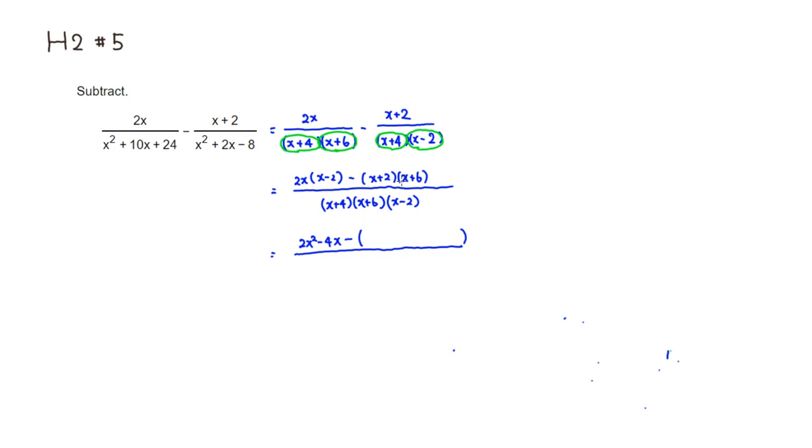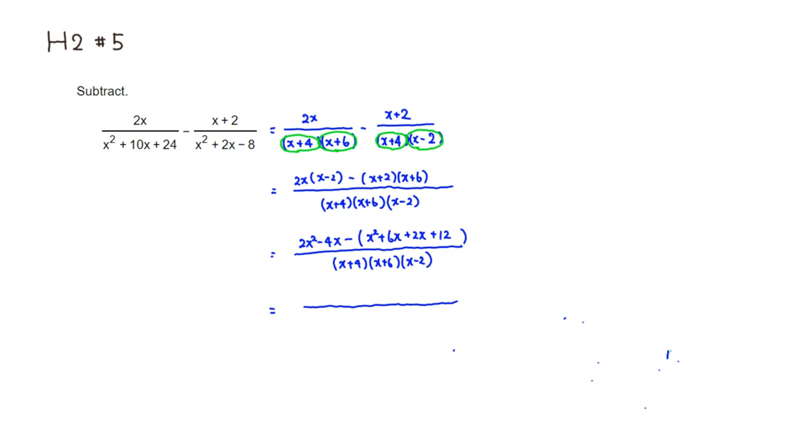So x times x gives you x squared, x times 6 gives you 6x, 2 times x gives you 2x, and 2 times 6 gives you 12. Then the denominator stays the same: x plus 6 times x minus 2. So this is going to simplify.